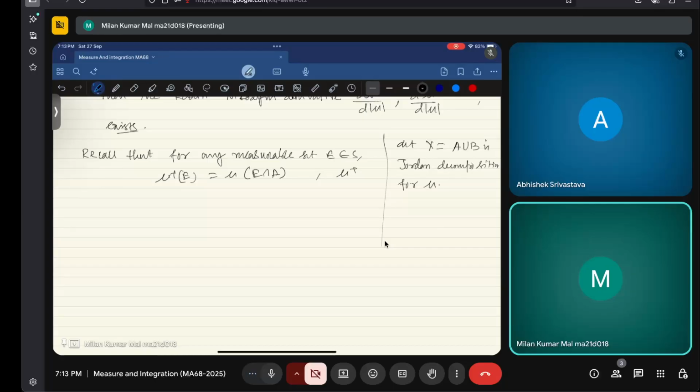That means A is a positive set and B is a negative set, A and B are disjoint, and A and B are measurable.